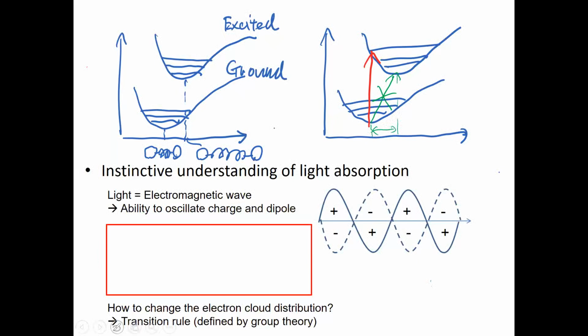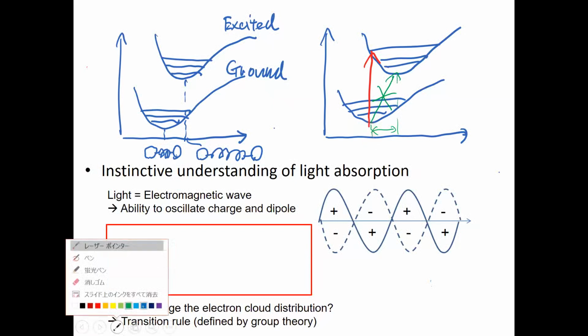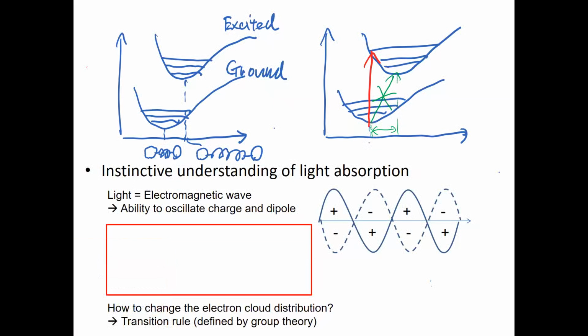So what happens is that the molecule keeps the distance Re while going up to the excited state. This is not the equilibrium position of the excited state, so it can start to oscillate.